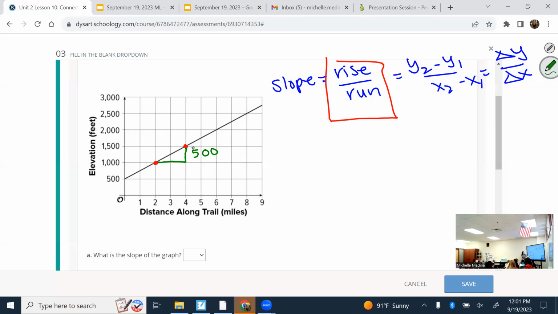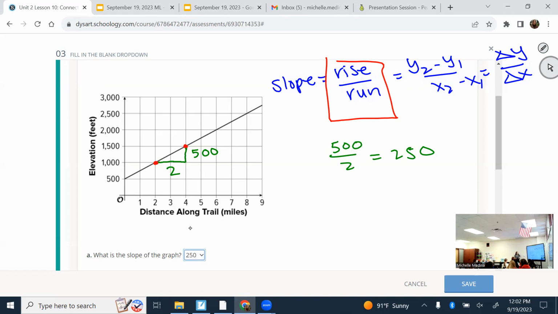If I'm going from 2 to 4, what's that change? 2. And then it's rise over run, so 500 divided by 2 is what? 250. It's allowed to be a fraction, but it would have to be a fully simplified fraction. This one simplifies to a whole number, so that's fine too. So 250.